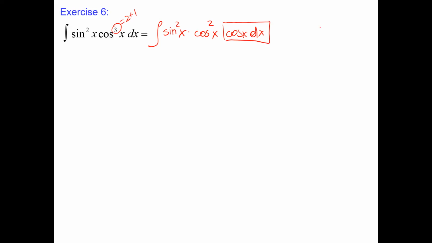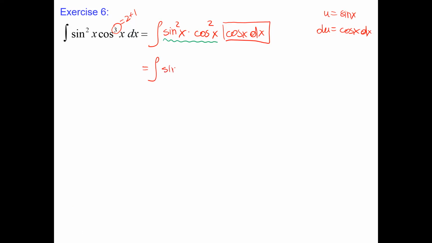If I want du to be cosine of x dx, then u must be sine of x, kind of backwards. Then the rest of the integrand, except that box waiting to be cancelled out, this green part, we have to rewrite in terms of sine.